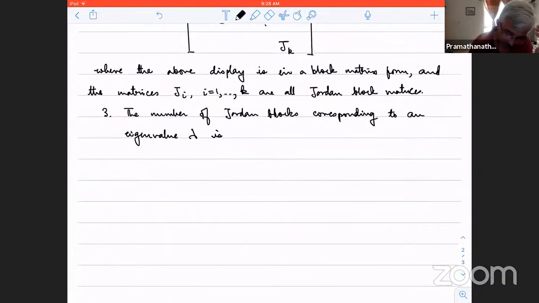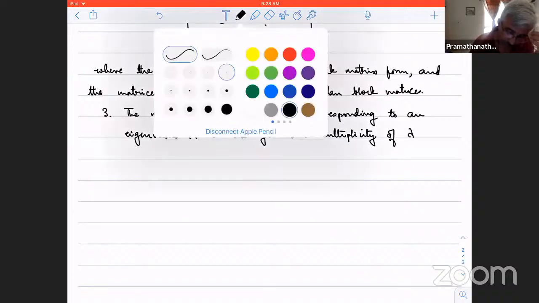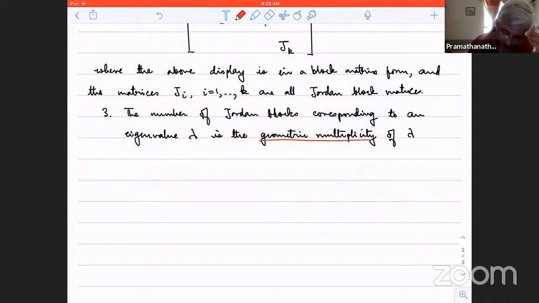Is the geometric multiplicity of lambda. Does anyone know what geometric multiplicity means? Or is there anyone who doesn't know what the geometric multiplicity of an eigenvalue means?